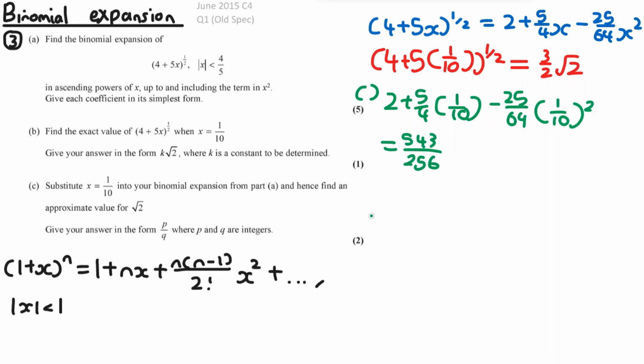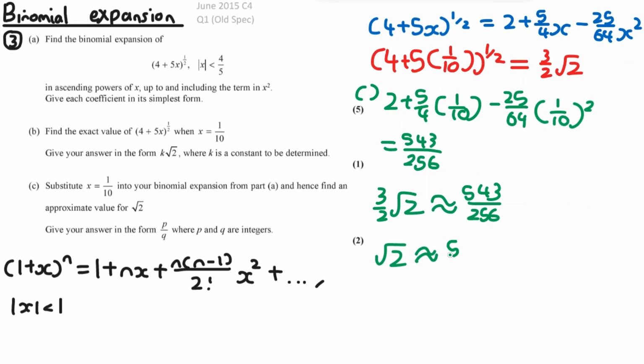But as we talked about before with a similar question, this is not the approximate value for root 2, because we saw before that when you sub x is equal to 1 over 10 into this, you get out the value of 3 over 2 root 2. So therefore this is the approximate value of 3 over 2 root 2, 543 over 256. So therefore the approximate value of root 2 is when we divide both sides by 3 over 2.